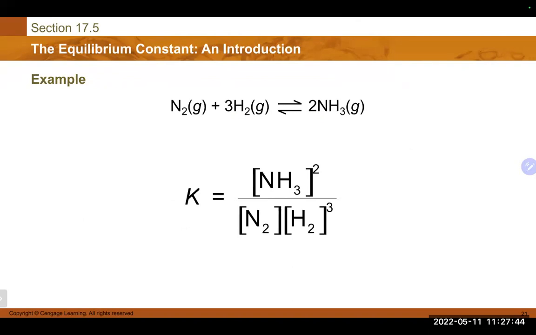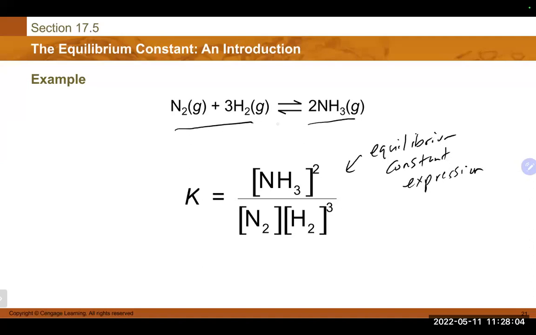So if we look at this equation and want to write the equilibrium expression for it, which is referred to as the equilibrium constant expression, once again we would take our products over our reactants. That is how we get to the K that we see there.